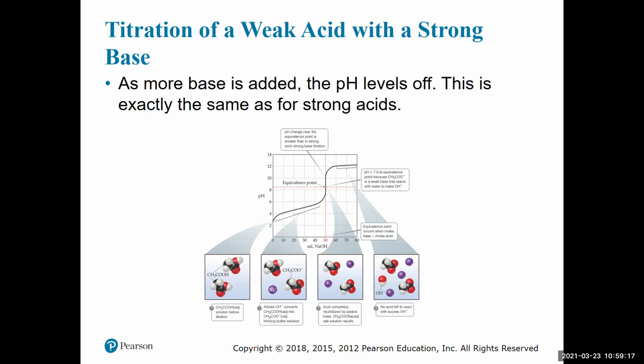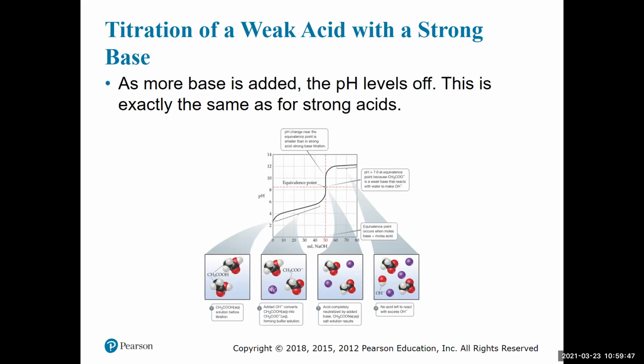But here, because of that acetate being a weak base, we wind up in this equivalence area of being above 7. So we would find that equivalence point by drawing this perpendicular, that's the dashed line you see going down through that straight portion of the curve. Now, you'll also notice that that straight portion isn't as big as it was on that strong acid, strong base curves.